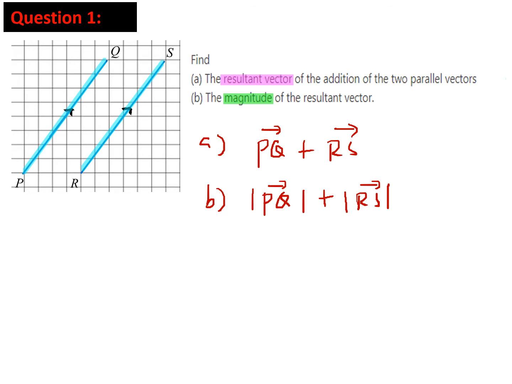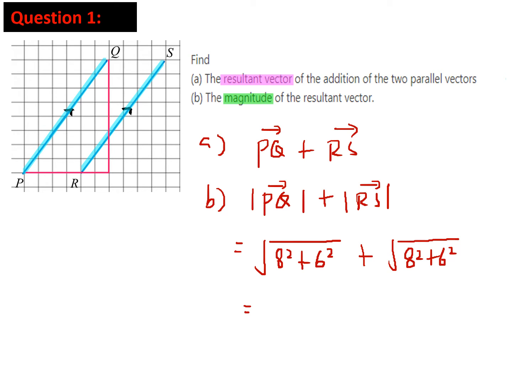From the diagram, the vertical distance is 8 units and the horizontal distance is 6 units. Then the magnitude of vector PQ is the square root of 8 squared plus 6 squared, as well as the magnitude of vector RS. Then we get 10 plus 10 equals 20.